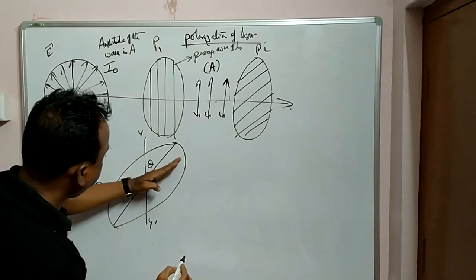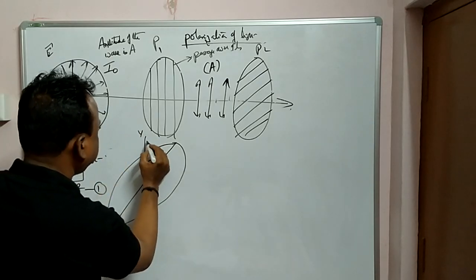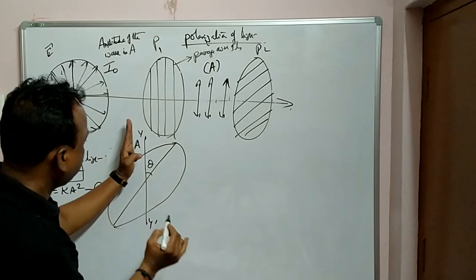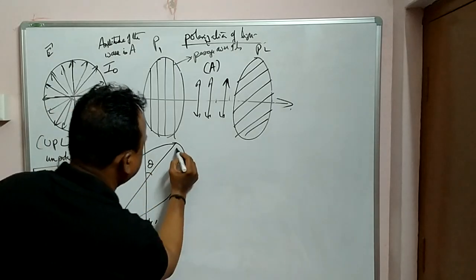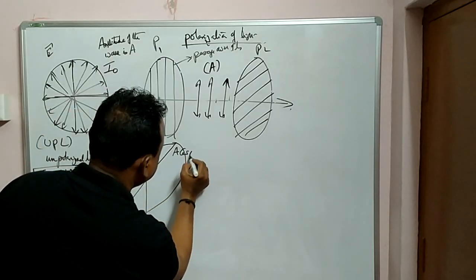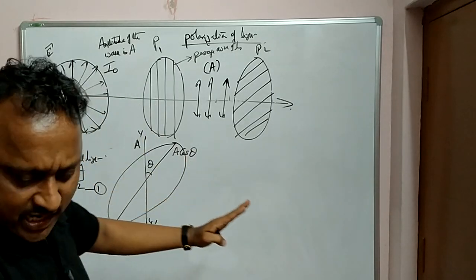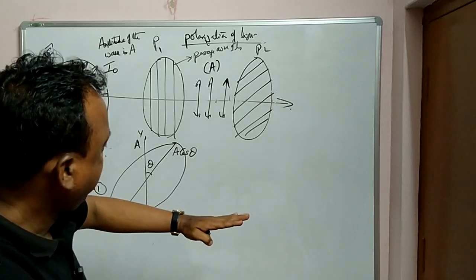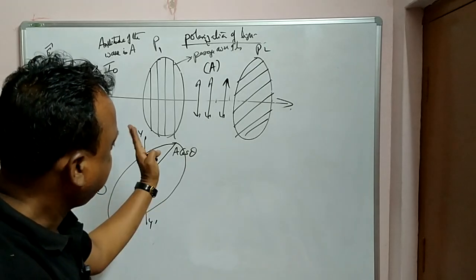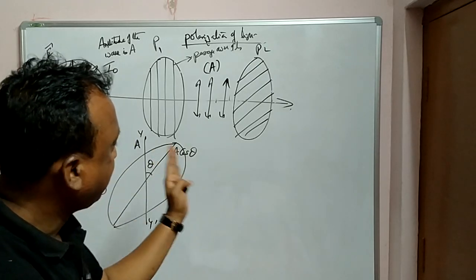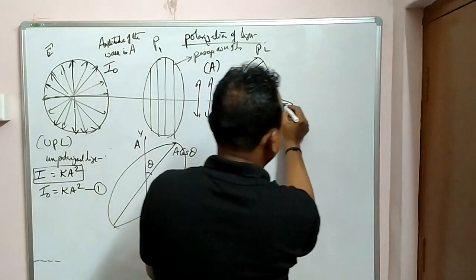So what is this component? This is having A amplitude. So what will be this component? A cos theta. We kept theta angle to the vertical. So this component is A cos theta. This is the direction of the wave.